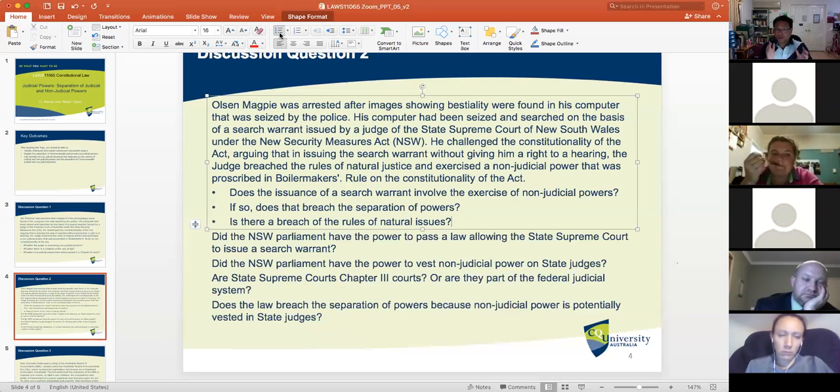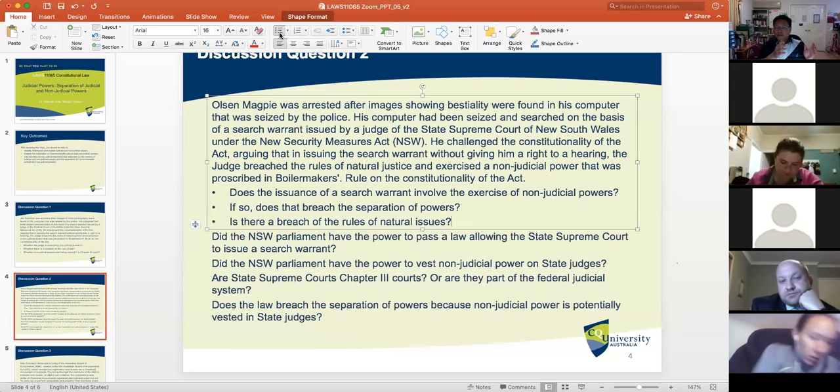So the rule, in relation to the second legal issue, the answer: we do not cite the persona designata doctrine, because both the Boilermakers case and the persona designata doctrine apply to the vesting of non-judicial power on federal judges or on Chapter 3 court judges.